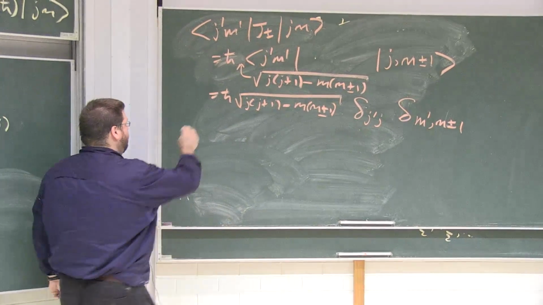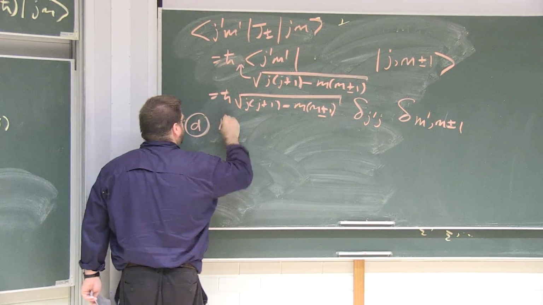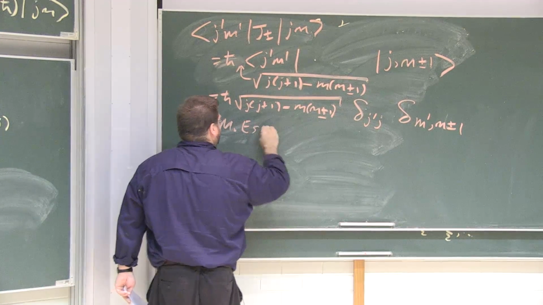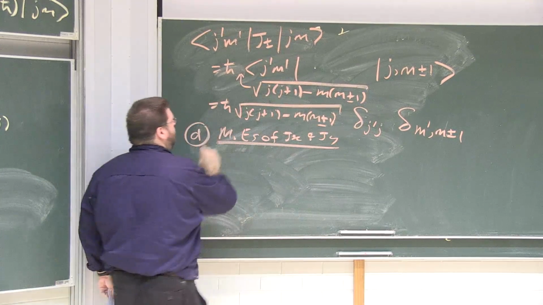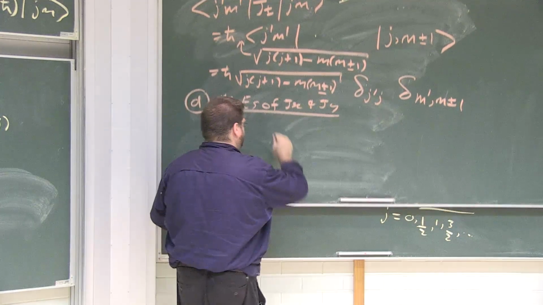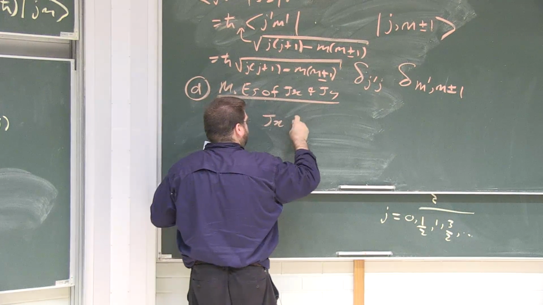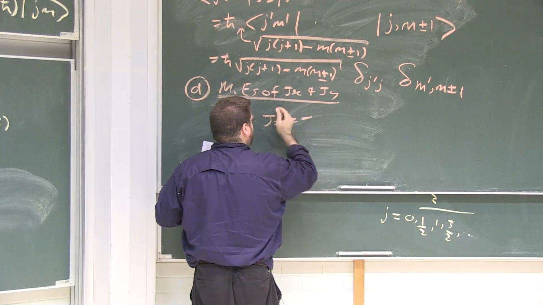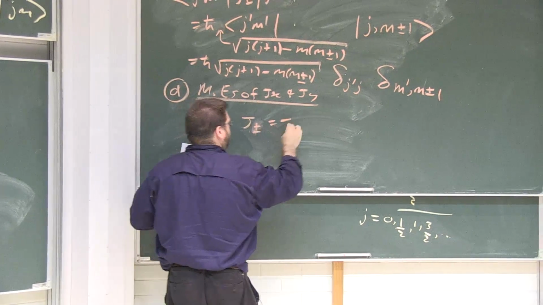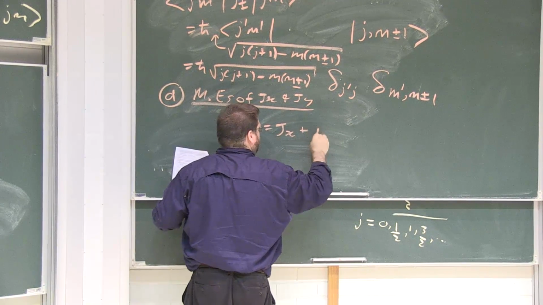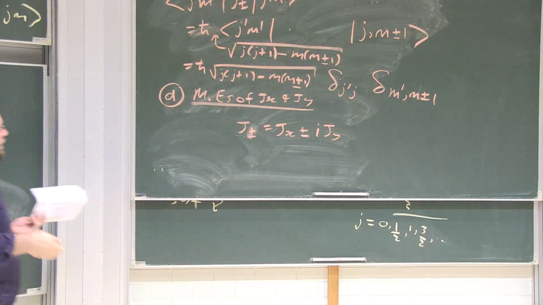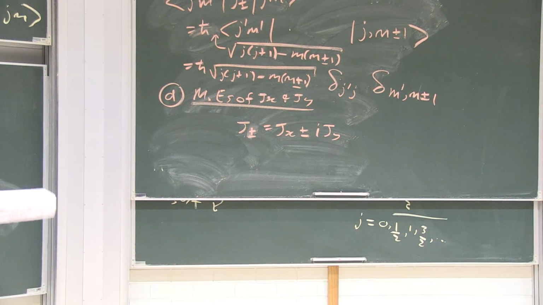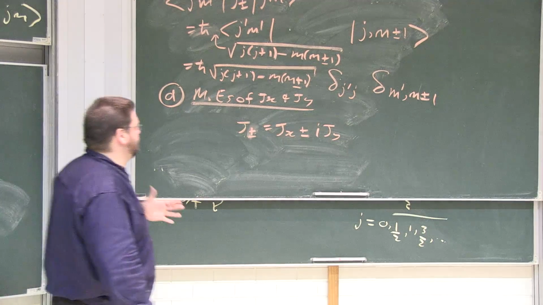Now we want the matrix elements of jx and jy. Now let's make our life easy. j plus or minus is jx plus i jy or jx minus i jy. So the j plus or minuses are linear combinations of jx's and jy's.